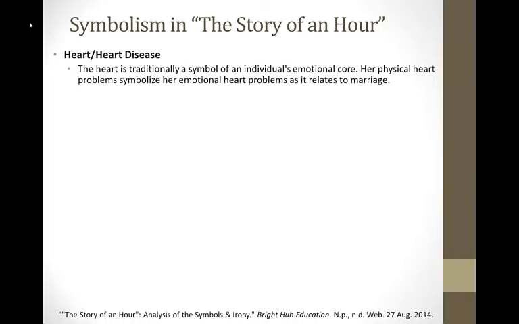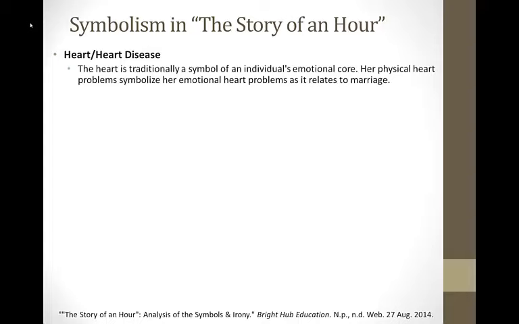Heart and heart disease specifically was mentioned twice, I believe, in the story. It was mentioned at the very beginning and the very end. The heart is traditionally a symbol of one's emotional core, the seat of human emotion.